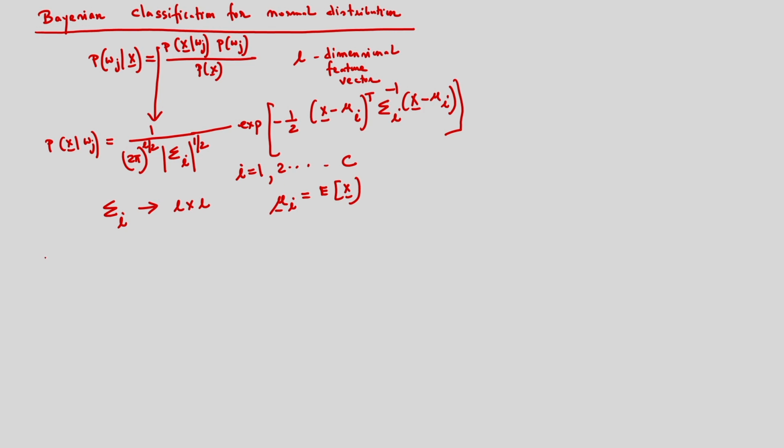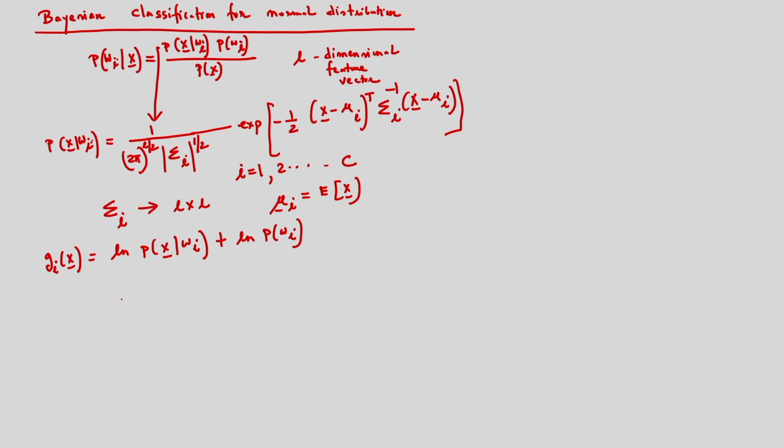Now you know the discriminant function g_i(x) is equal to log of p(x|wi) times P(wi). In this case I think it is better to write wi, that is, x given wi, in place of wj. So this is the discriminant function.